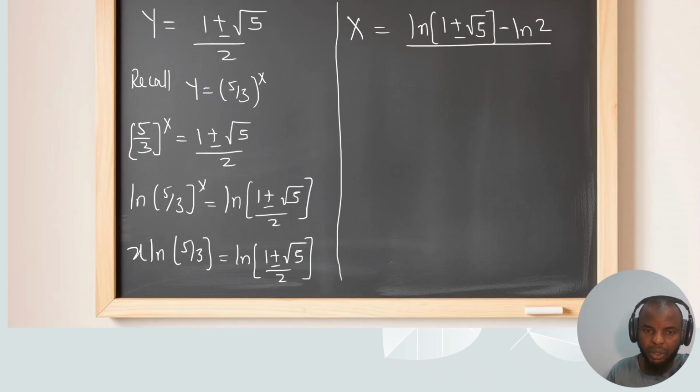Why? Because division can be written as negative. When you want to separate the natural log, you can write it this way. And here we have ln 5, and the division can also be interpreted as negative ln 2. So we can have the answer in this form. Here, you can possibly have two values for x when you consider the positive or the negative.